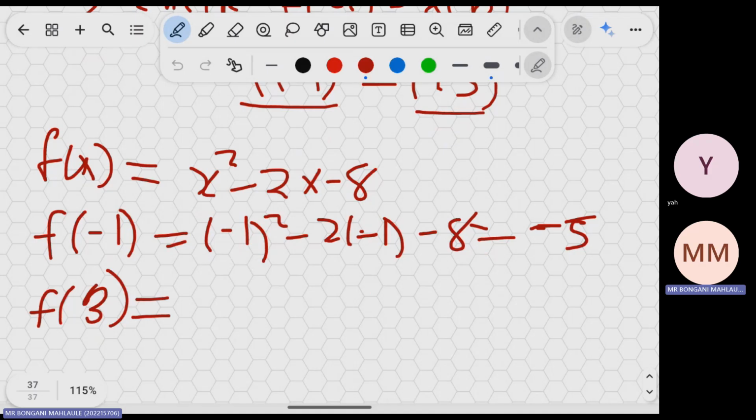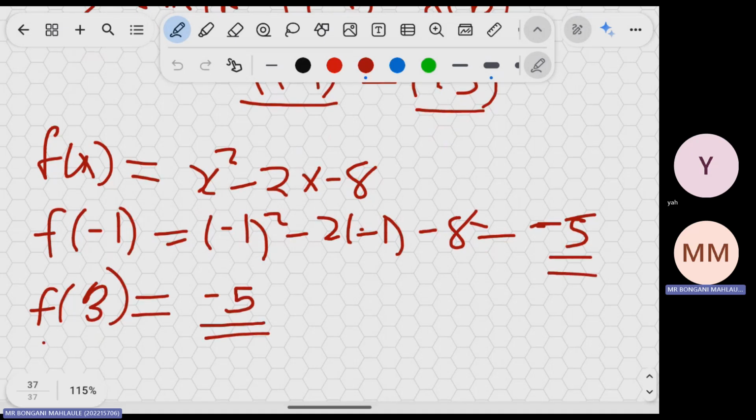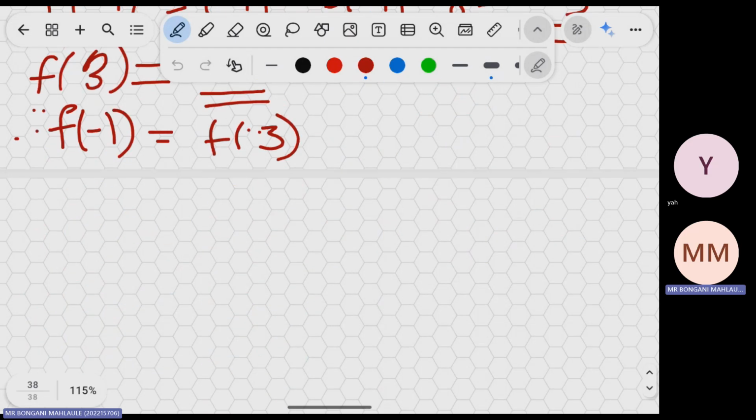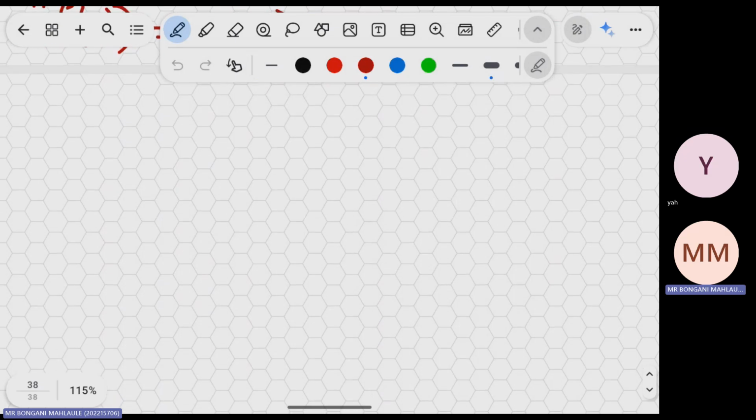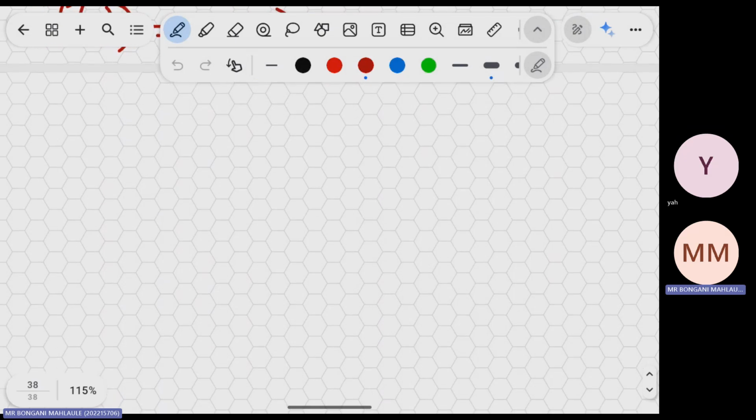If you find that they are not equal, then Rolle's theorem is not satisfied, but you'll also find that this one is equal to -5. Therefore f of -1 is equal to f of 3.